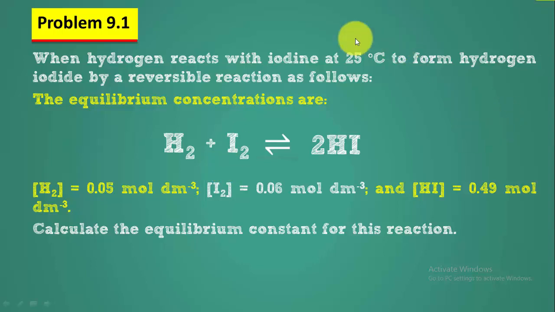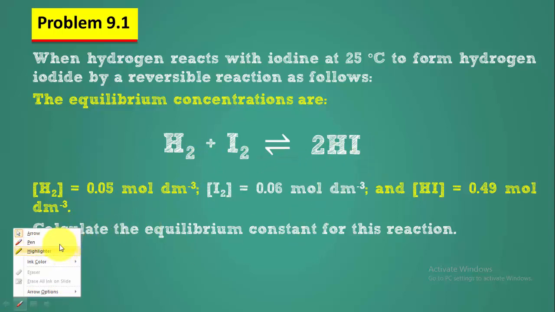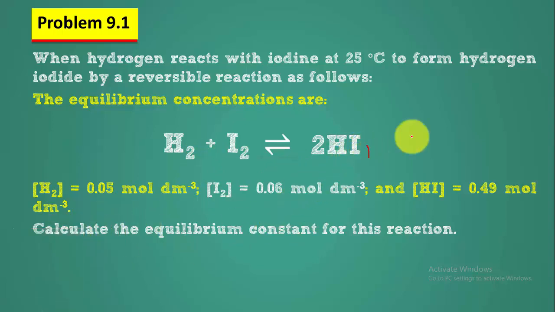So in the examination, no balanced chemical equation is given. So you have to keep in mind that the balanced chemical equation is to be extracted from the numerical statement. So it is not given in the board examination. So H2 and I2 form 2HI, which is a reversible reaction.